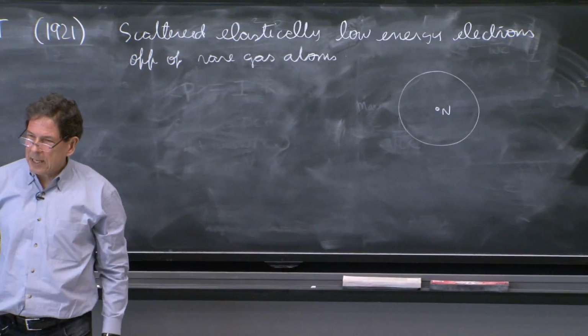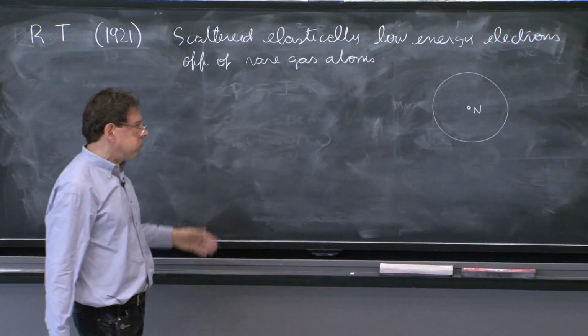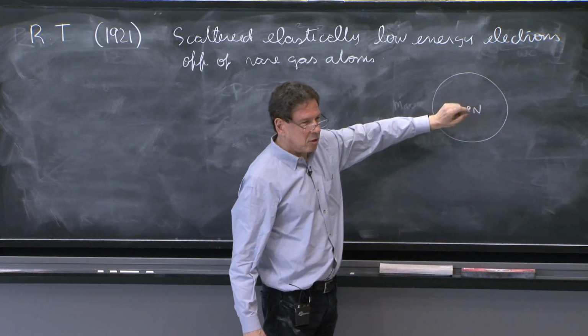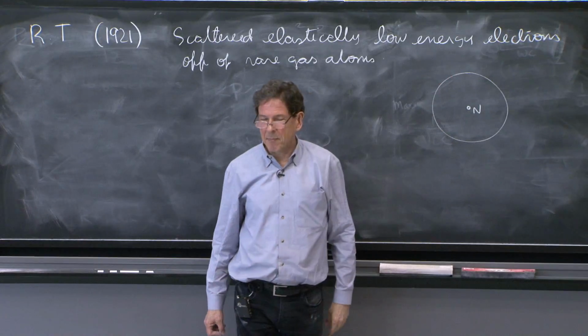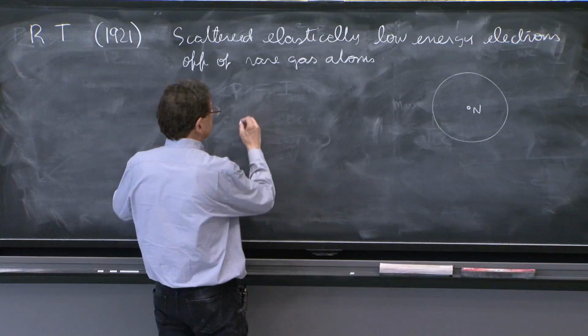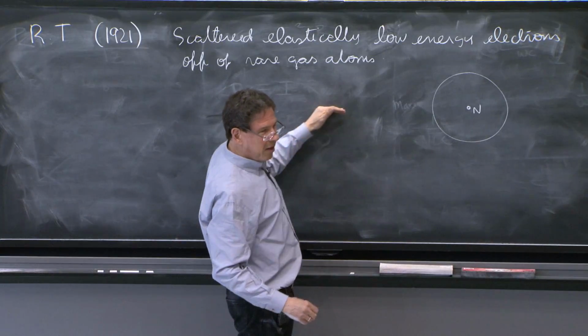So how does this look to an electron? Well, you know from electrostatics that if you have total charge 0 and it's totally spherically symmetric, no electric field outside. So the electron comes in, feels nothing.